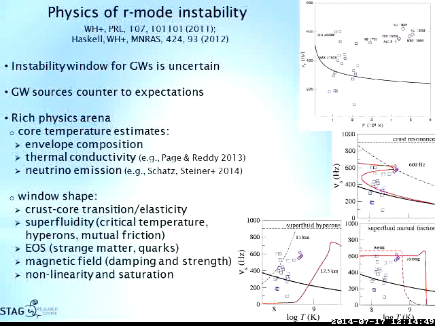Obviously, if you detect it in multiple sources, that would be better because it's kind of like the mass-radius relation. You want to be able to trace out the window. That's helpful. But if you start tracing it out and it behaves in this plane very funny, for example, something like this, it's a resonance with a crust oscillation.